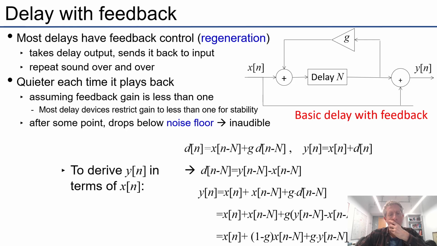So imagine an impulse like a clap. What one hears is that impulse, plus a delayed version multiplied by the gain, plus a delayed version multiplied by the gain again, and so on.